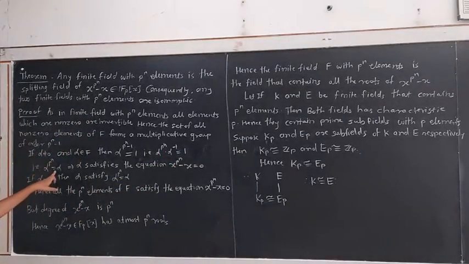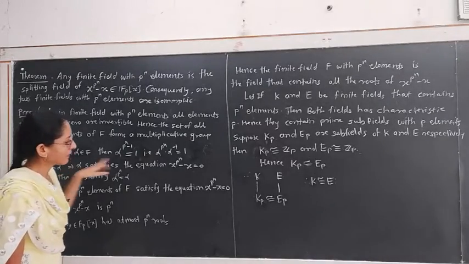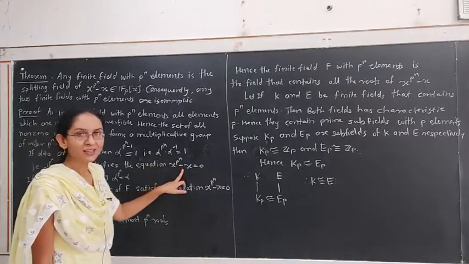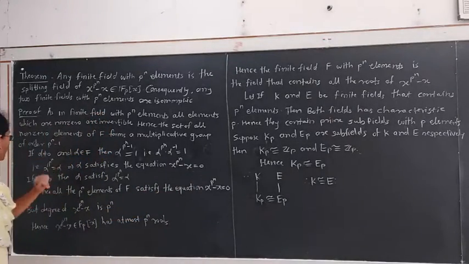What does this equation imply? Alpha satisfies the equation x raised to p raised to n equals x. That is, alpha satisfies the equation x raised to p raised to n minus x equals 0 over F_p.